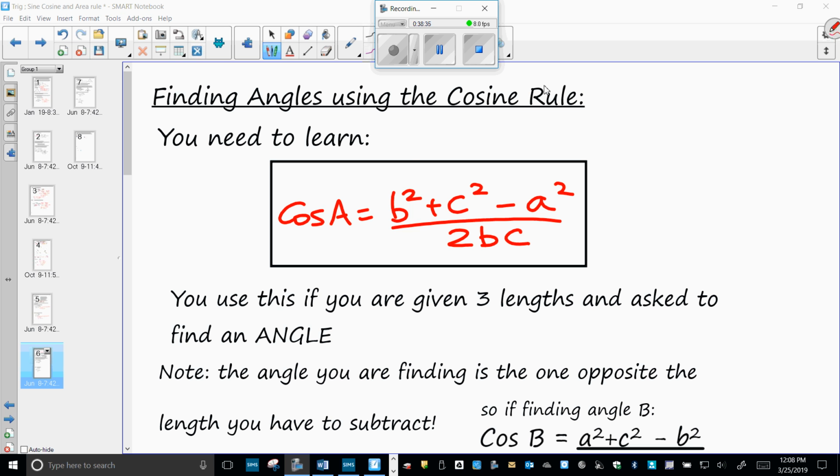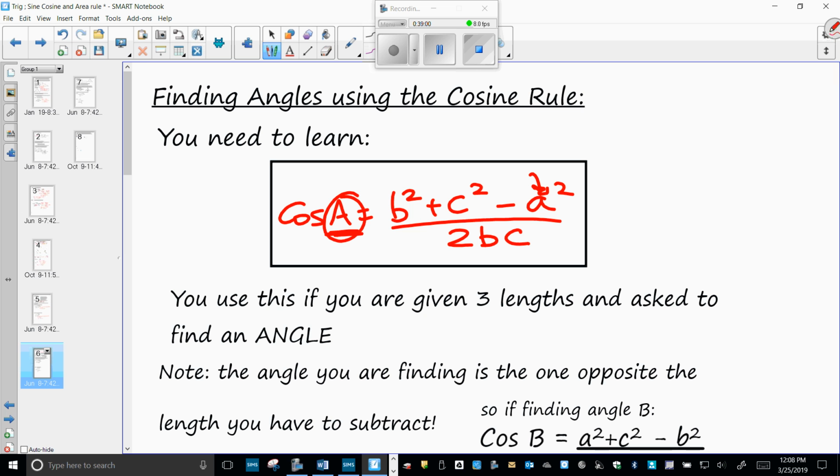So here's my tip for remembering this. We can see we've got all our lengths squared, some added, some subtracted. If I'm trying to find this angle, which length gets subtracted? The one opposite it. So it's a good idea to remember that connection.